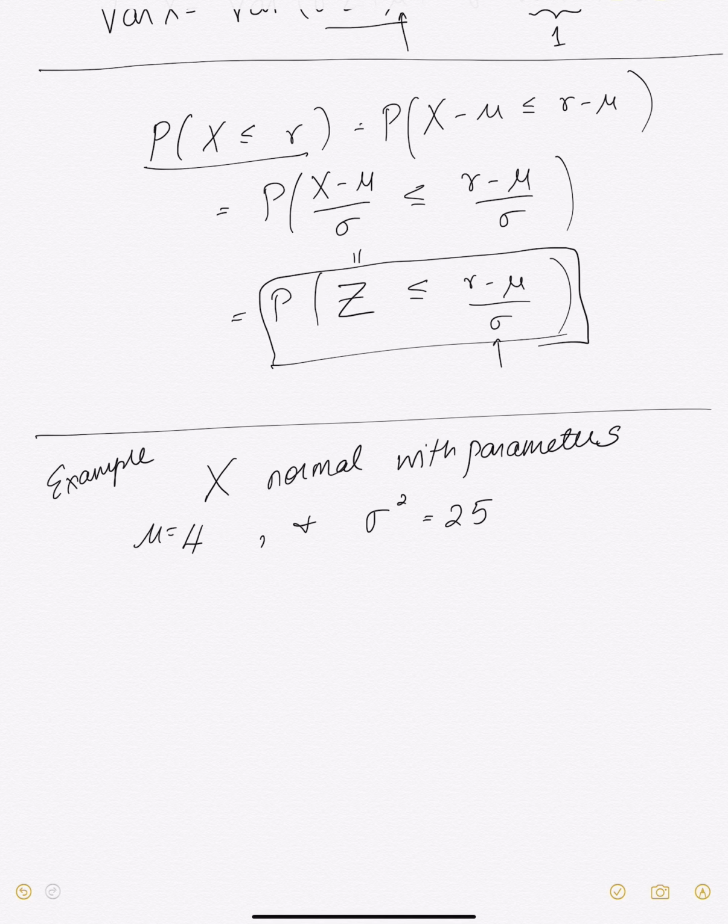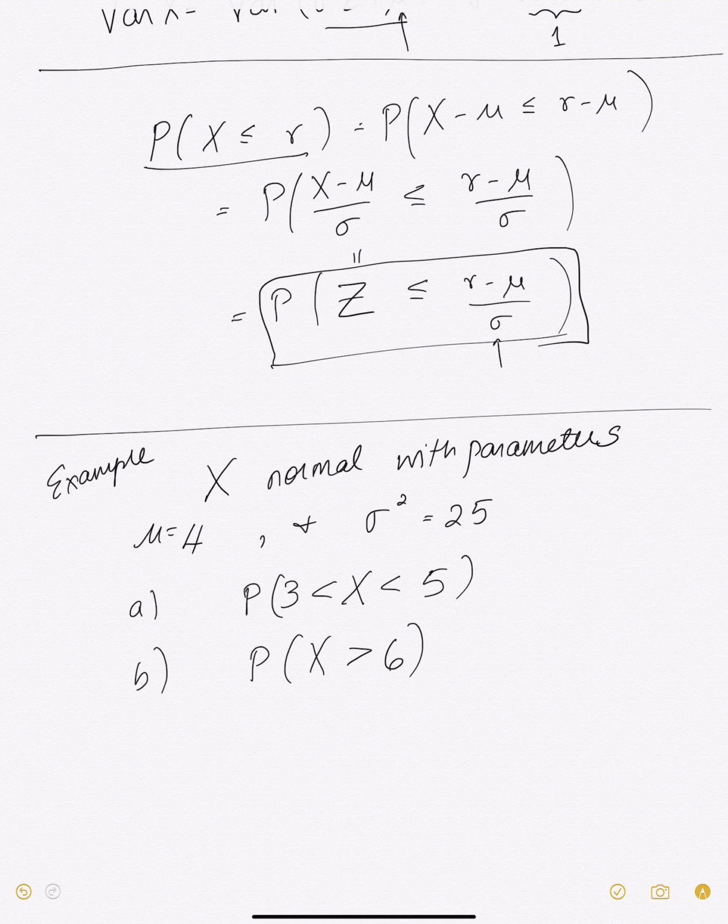Let's find the probability that X is between 3 and 5. B, let's find the probability that X is bigger than 6.